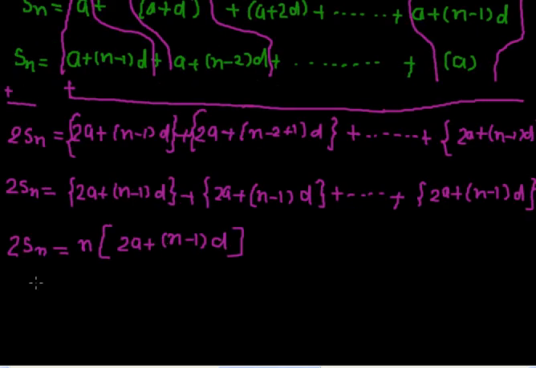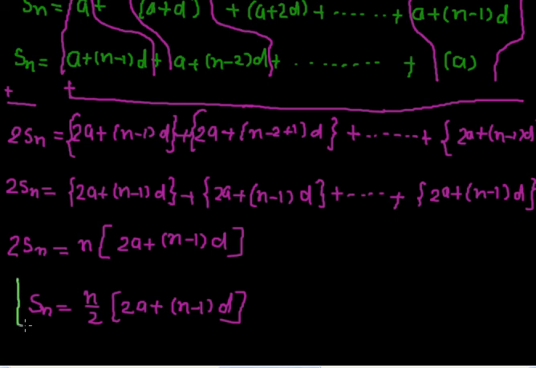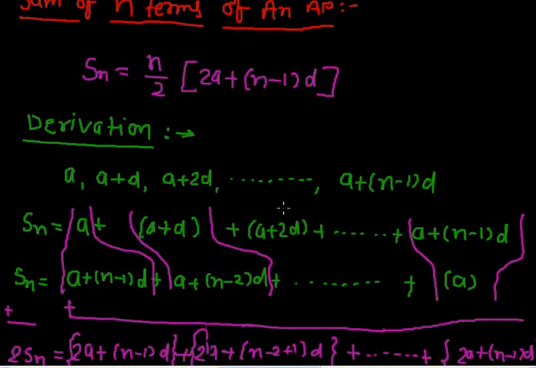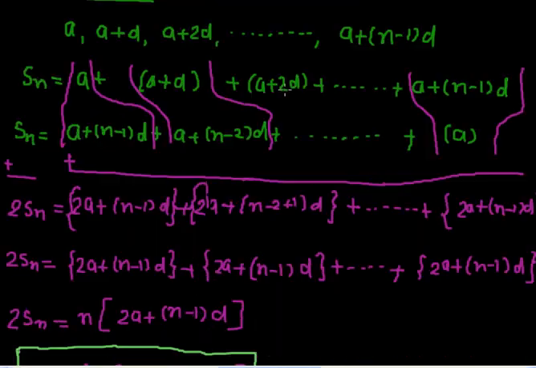So we can also write it as Sn is equal to n by 2 into (2a plus (n minus 1) whole multiplied by d). This is the formula which we are dealing with. So this is the derivation of how the formula of Sn, which is equal to n by 2 into (2a plus (n minus 1) into d), came.